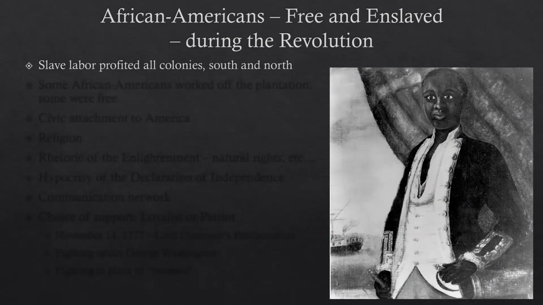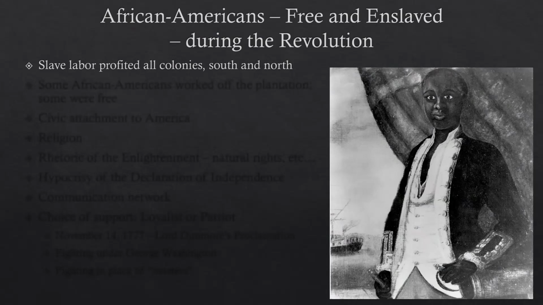The industries were buying raw materials from the South that were produced on plantations that had slave labor. So it's benefiting the entire British North America. They're enjoying the benefit of slavery.